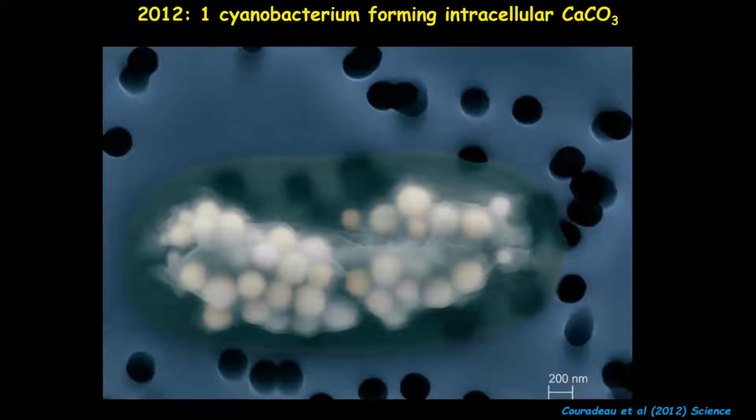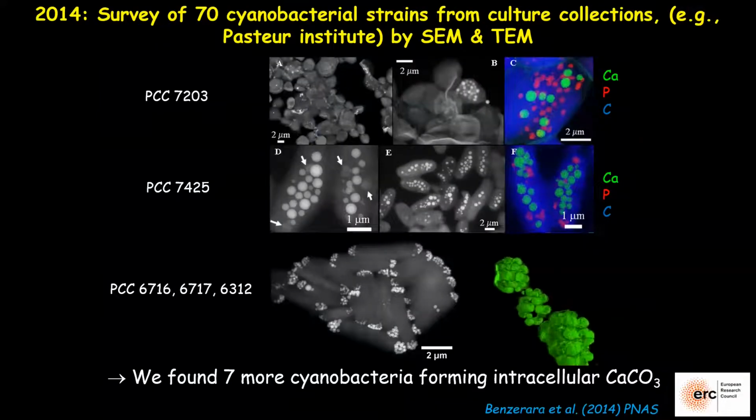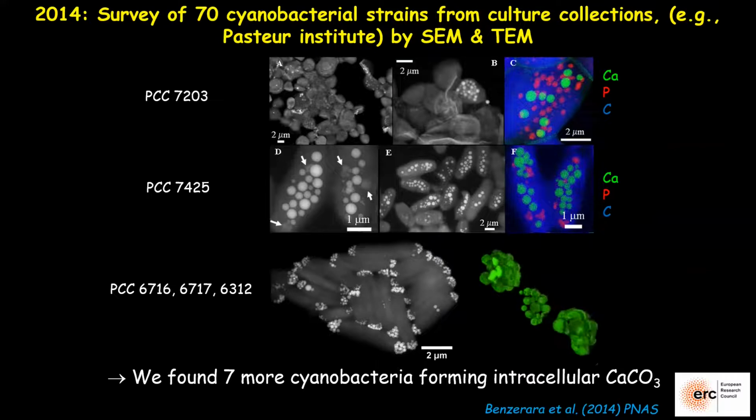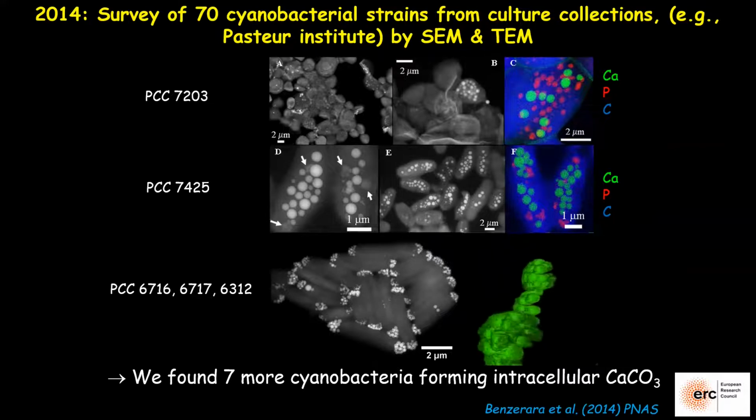So getting back to it, we start from that cyanobacterium that was discovered, as I told you, in 2010, and published in 2012, just to have some time reference. In 2014, what we did, in order to answer the question of whether it is the only cyanobacterium doing it or whether there are other cyanobacteria forming intracellular carbonates, is we went to a culture collection at the Pasteur Institute.